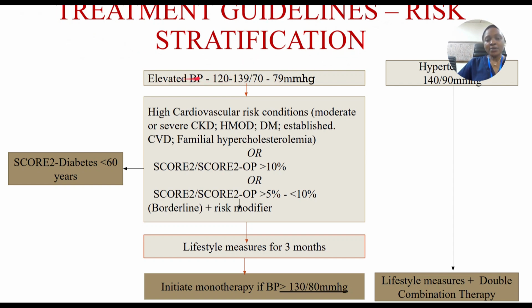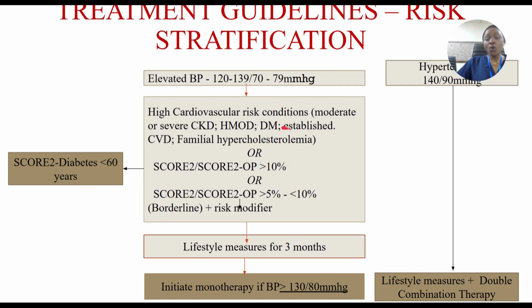Now, when someone is diagnosed with elevated blood pressure, that's blood pressure between 120 to 139 over 70 to 79, the first question we ask is, do they have high cardiovascular risk conditions? So do they have moderate or severe CKD? Do they have hypertension mediated organ damage?